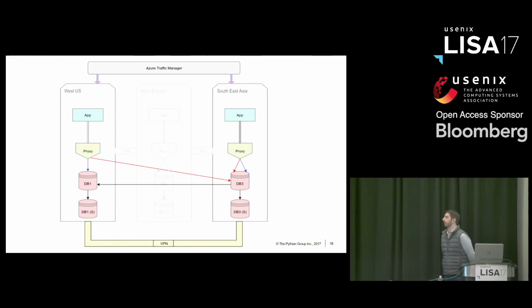So if for some reason that data center goes down, then the topology manager will choose one of the other slaves as the new master and redirect the writes to that new master. Of course it will reconnect, in this case, DB1 as a slave of DB3, and now reads and writes for the Southeast Asia region are going to be local.